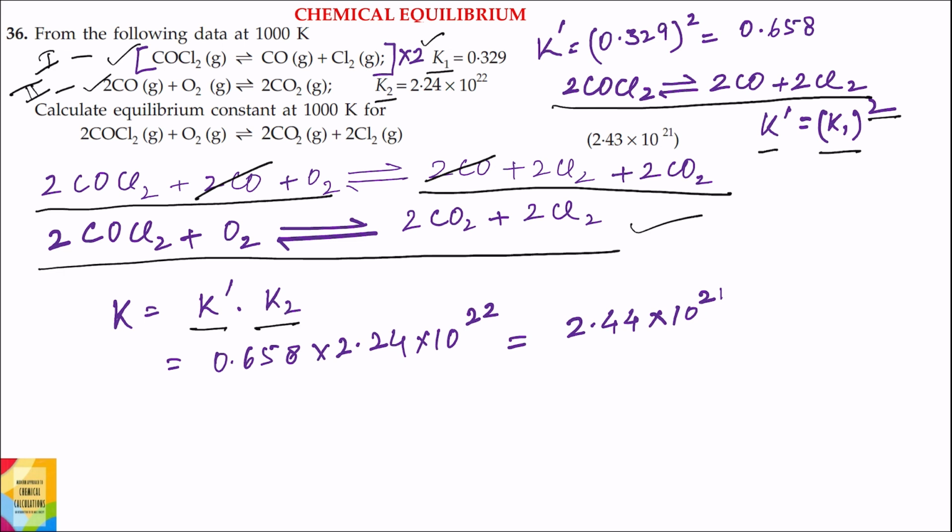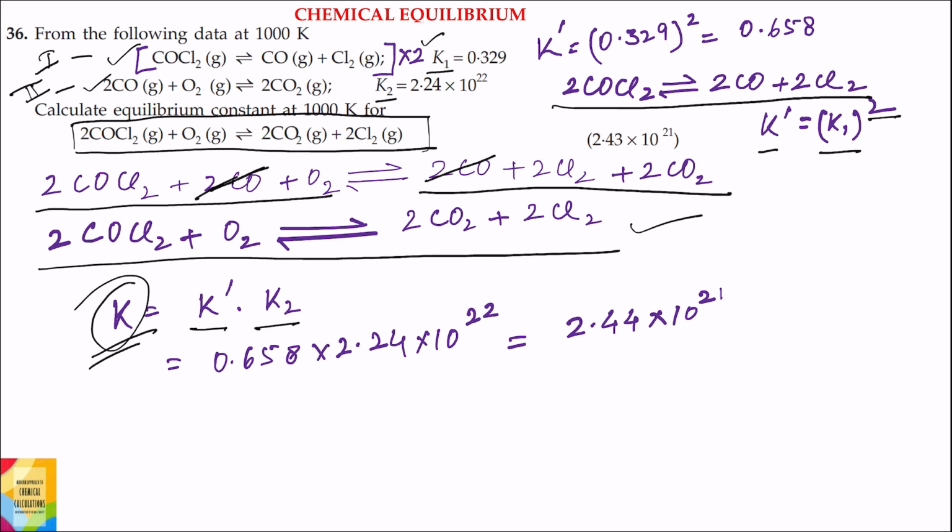So the equilibrium constant, that is K, for the given reaction will be equal to the equilibrium constant for the equation, let this be equation number 3, multiplied by the equilibrium constant for equation number 2.